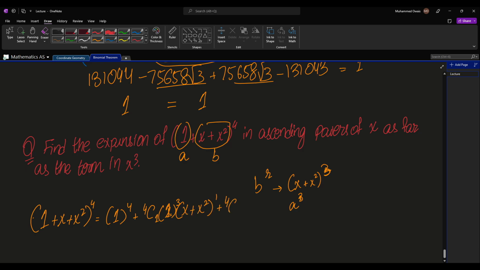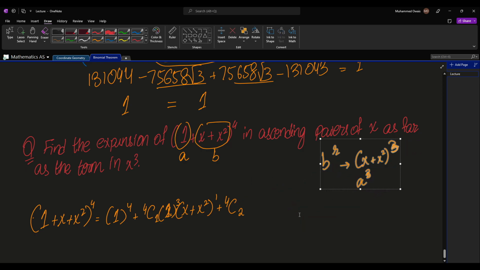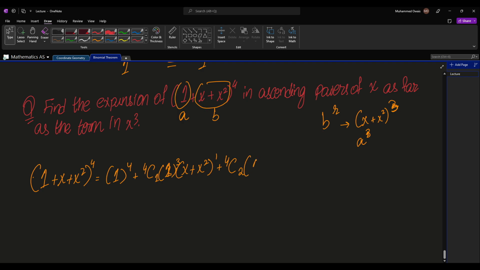And now for 4C2, let me just move this over here. 4C2 into 1 to the power 4 minus 2, which is 2, into (x + x²)². And then 4C3 into 1 to the power 4 minus 3, which is 1, into (x + x²)³.